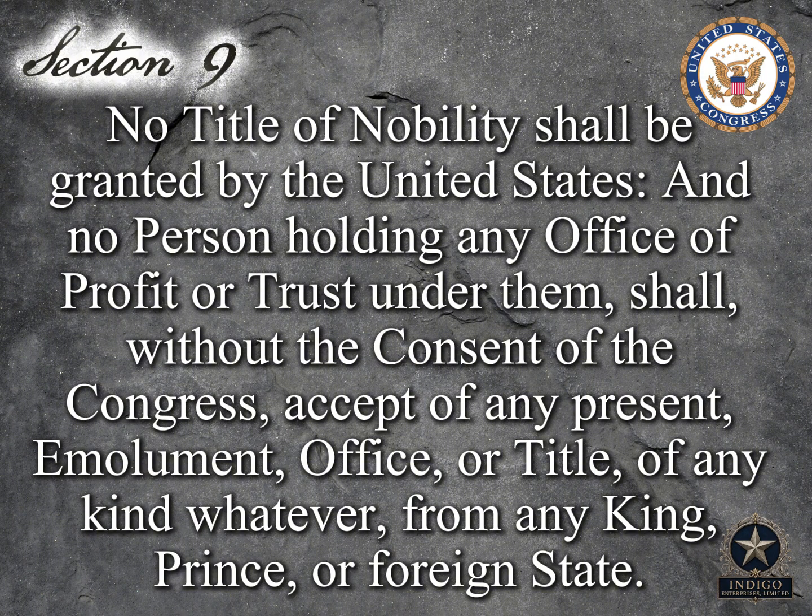Now, in the definition of emolument, office, or title, this means money, an office within another country's government, or a title: king, prince, esquire, all those kinds of things that are titles from other countries are illegal according to the Constitution, and Congress is the one that would have to approve any of these things that would come from another country.